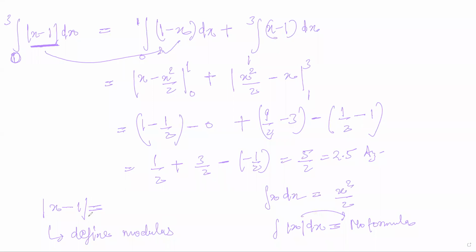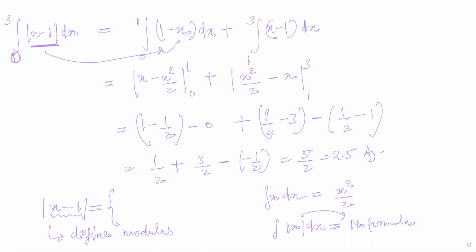How do we remove the modulus? This is a very, very basic concept: if the value inside the modulus is positive, remove the bars directly, that is, if this value is positive, the answer is the value itself. But if this value is negative, apply a negative before it. So that is how we define any modulus.